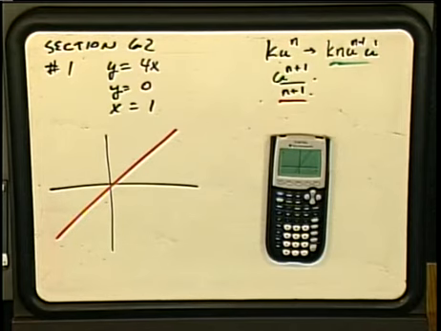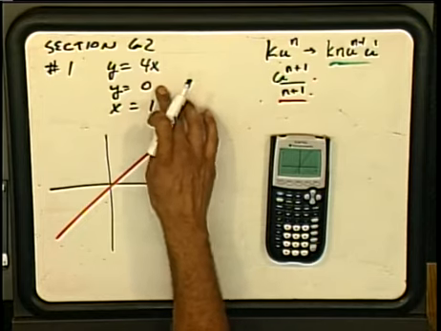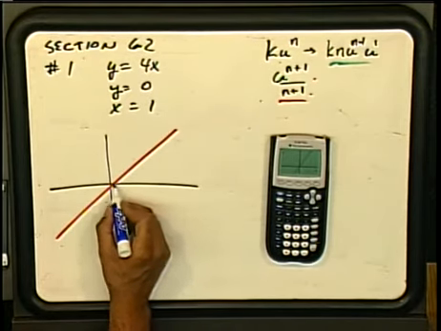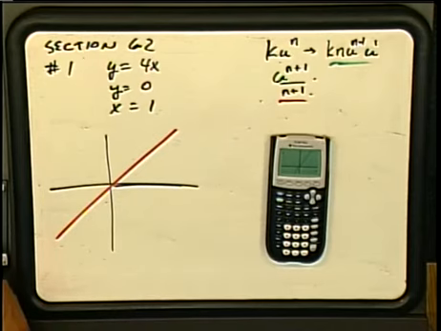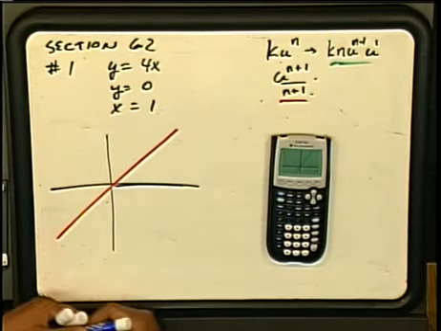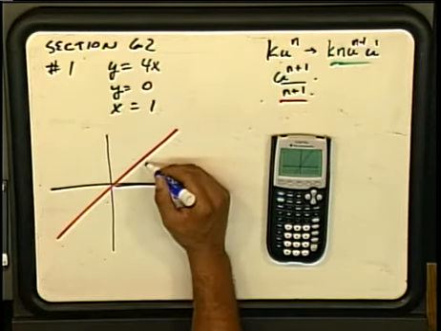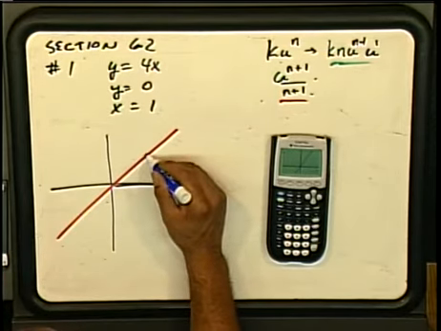Then our boundaries are y equals 0, which is this, and x equals 1, which will be around somewhere here, depending on the scale.